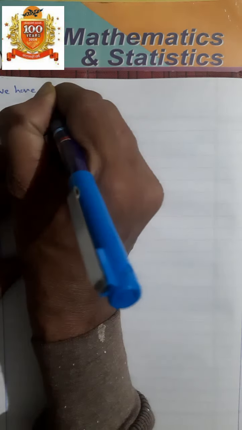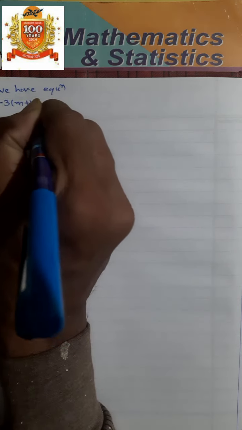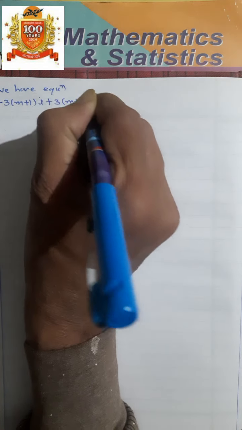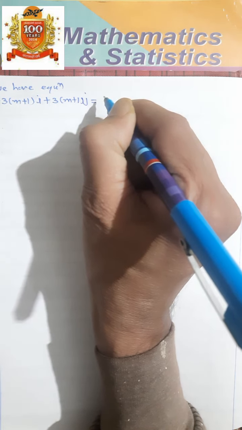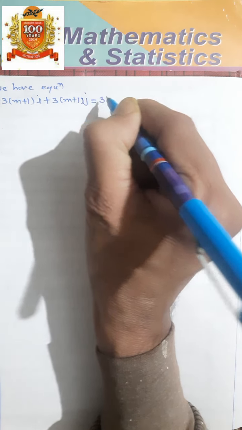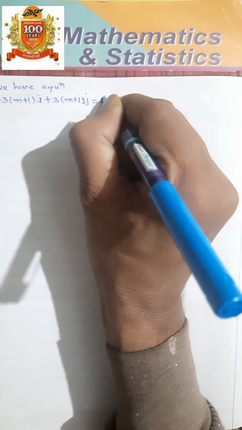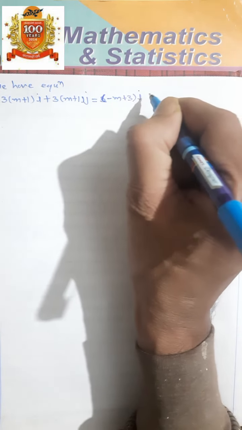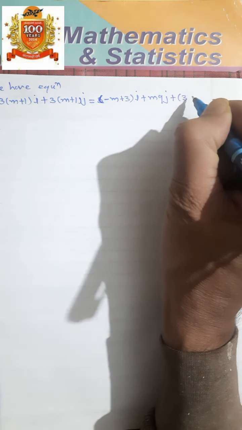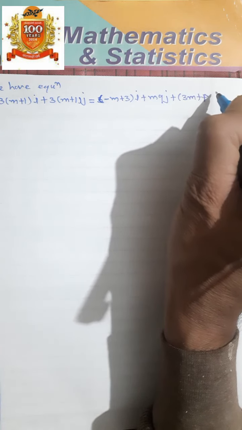We have the equation minus 3(m plus 1) i plus 3(m plus 1) j is equal to (minus m plus 3) i plus mq j plus (3m plus p) k.